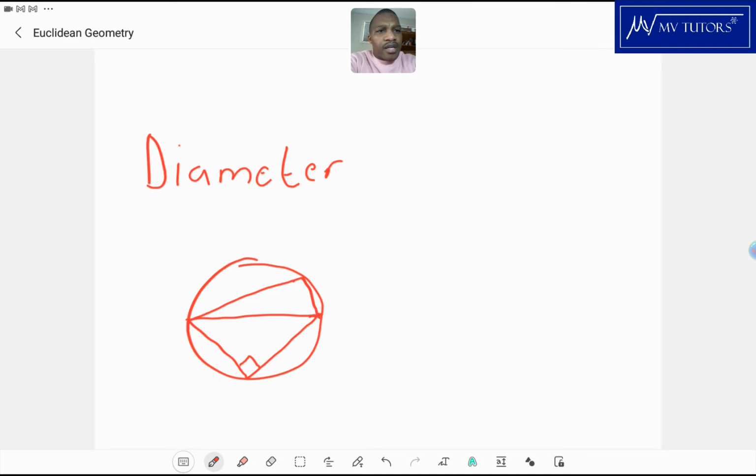It can be there, it's still going to be 90. It can be there, it's still going to be 90. The fact that it's from the diameter means that it's going to subtend a 90-degree angle. Now, what's the reasoning for that? How do you write the reasoning? You just say angle on diameter. That's the only theorem you have to remember concerning a diameter.